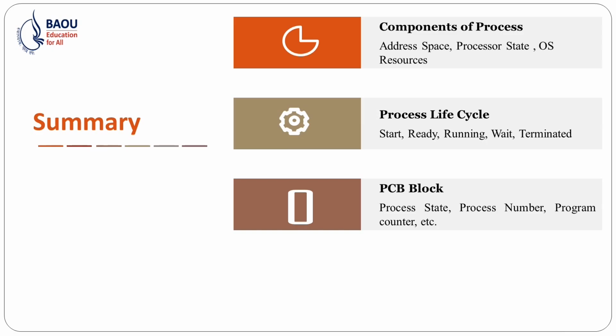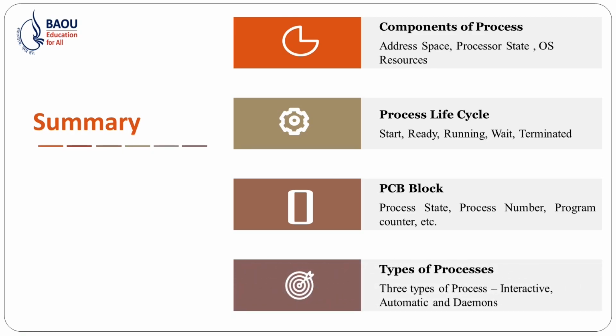The PCB contains process state, process number, program counter, registers, etc. Process state is the current state of the process. Process number is a unique identifier. Program counter indicates the next instruction which is going to be executed in the process.